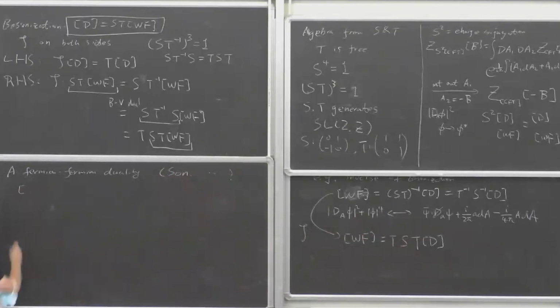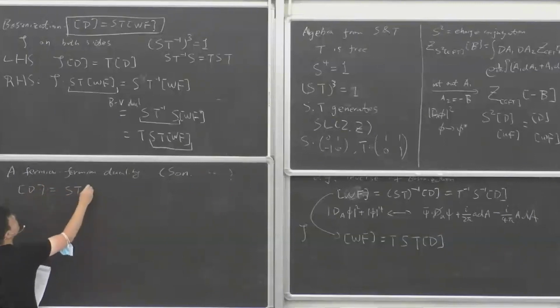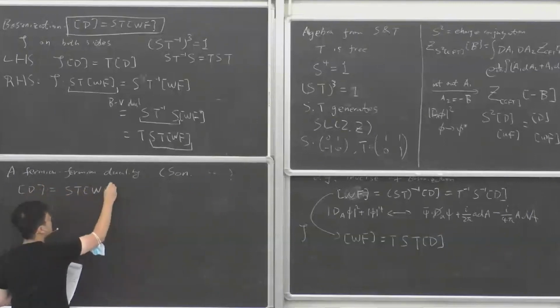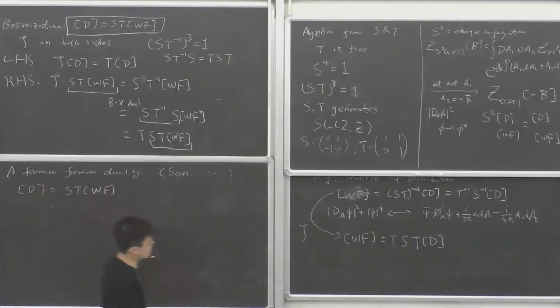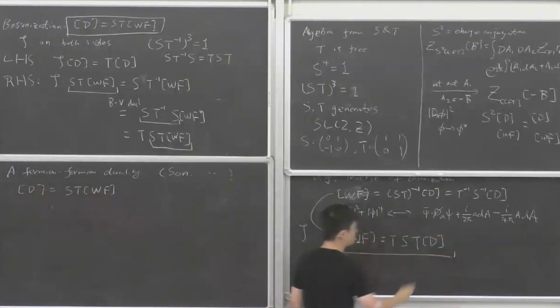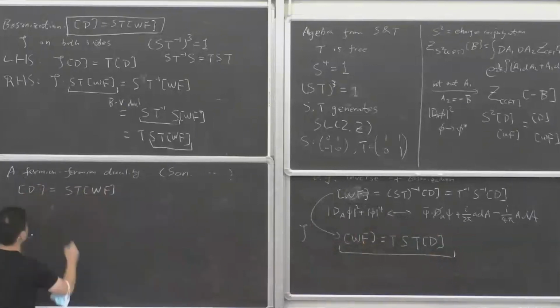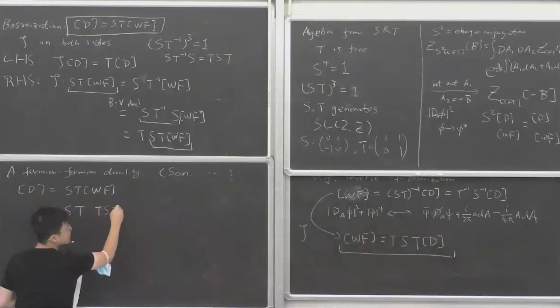So let's just start again with the bosonization. This is ST of the Wilson-Fisher. But then let me now use this one. Just paste and copy. So that's TSTD.